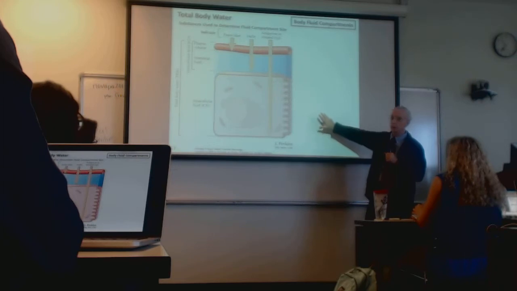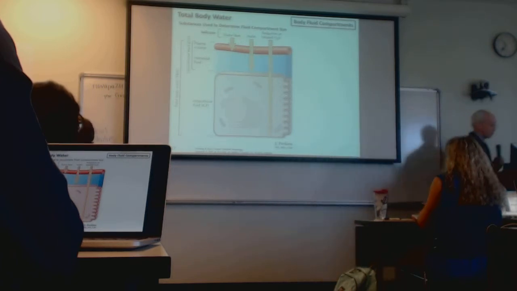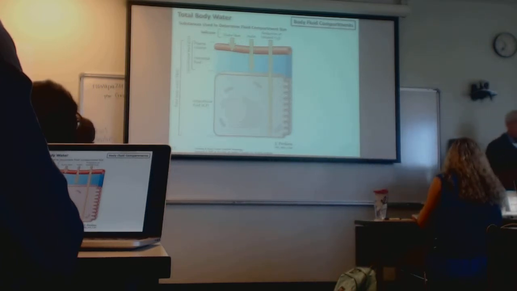That's all this is talking about. I just want you to understand that there is a reason you should know about these compartments and how the relative volume of each can be determined if you use substances of varying permeability.